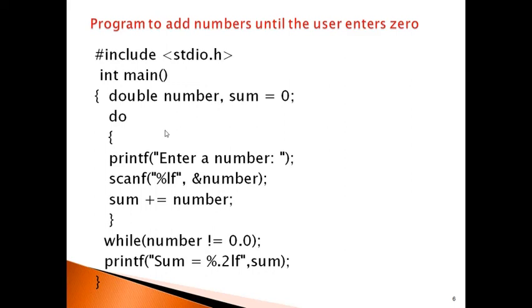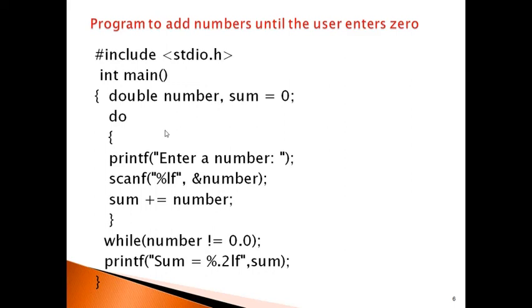To interact with the programmer or user, we are using this printf. scanf "%lf", &number, to store the number in the number variable, a double variable. sum = sum + number. This is the shortened assignment operator.